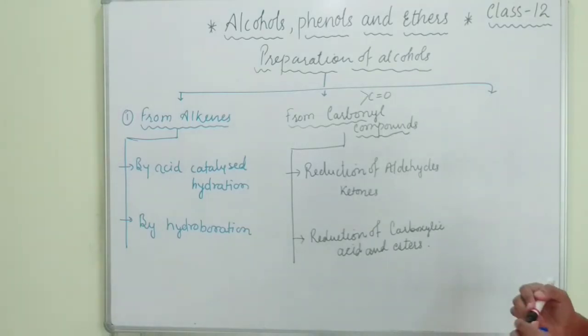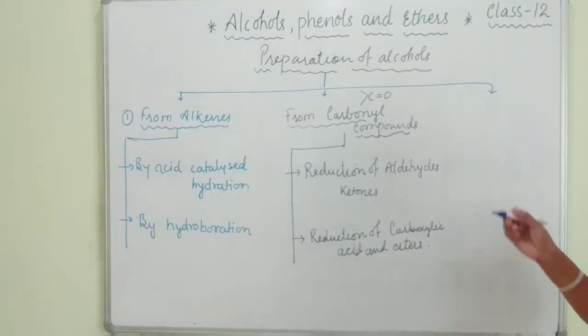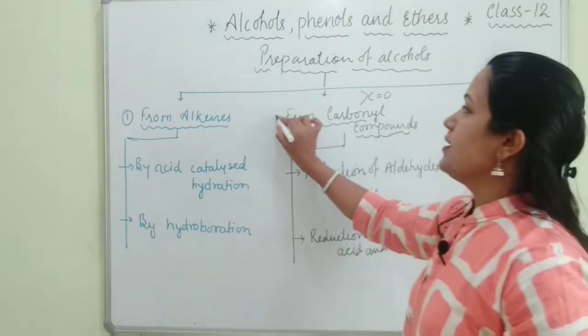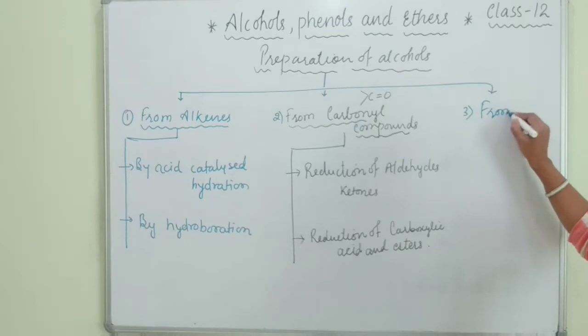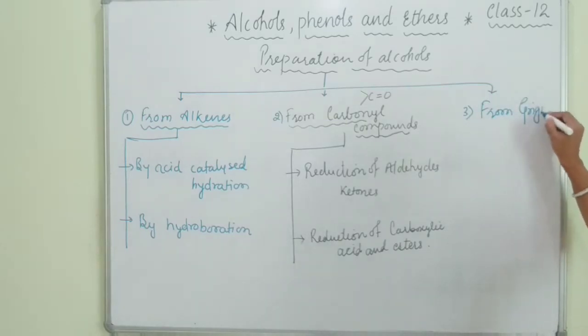Now the third way for the preparation of alcohols is from Grignard reagent.